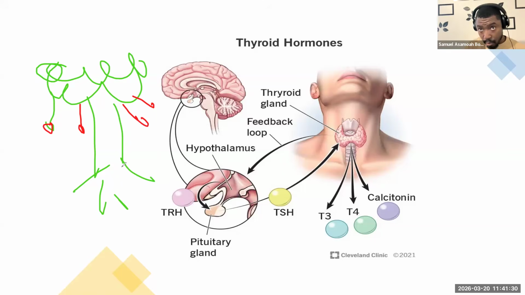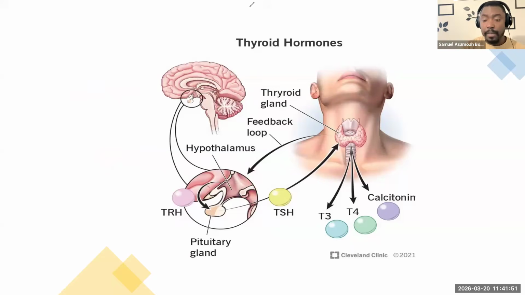Then the hypothalamus will talk to the pituitary gland to stop stimulating the thyroid. So which hormone will be stopped here? T3, T4, calcitonin? No. The thyroid stimulating hormone. It's a confusing question to ask, but the specific answer is the thyroid stimulating hormone.